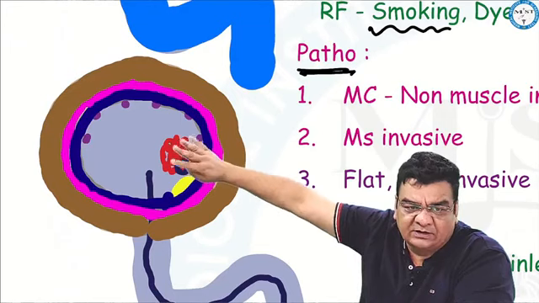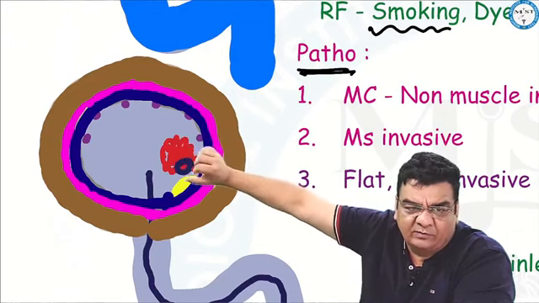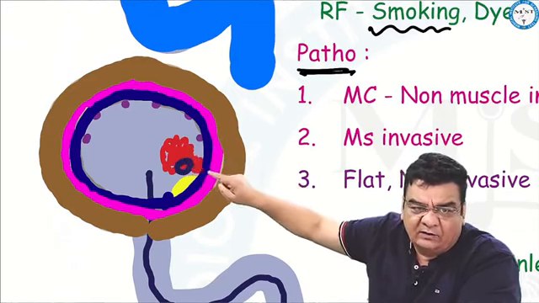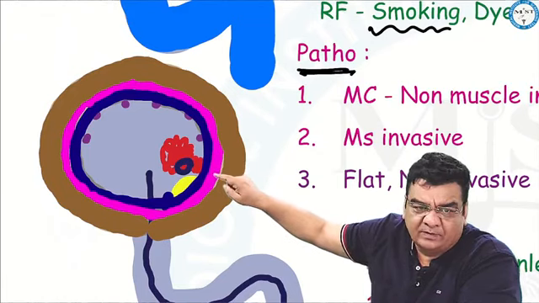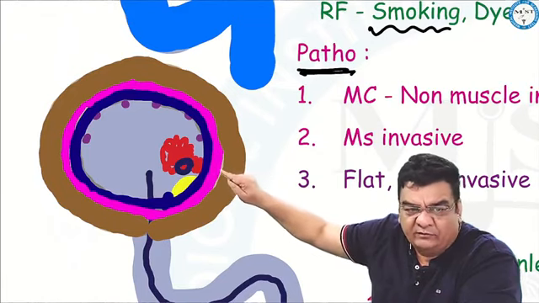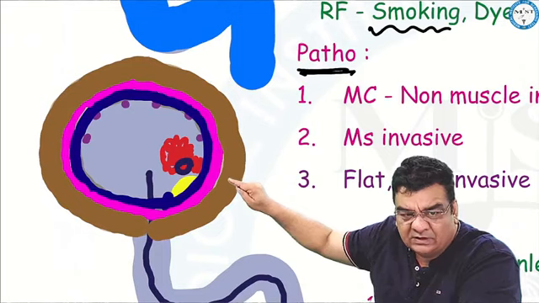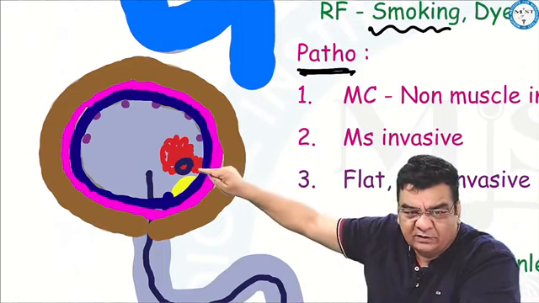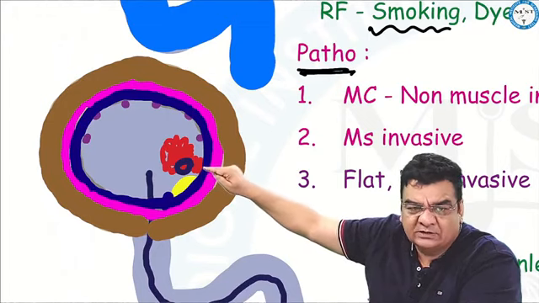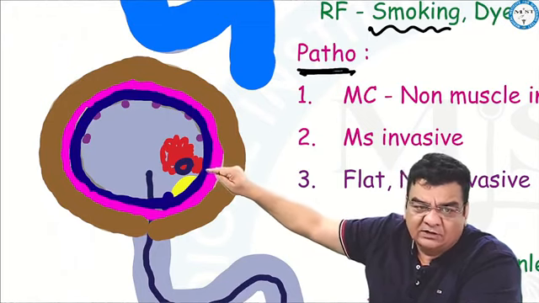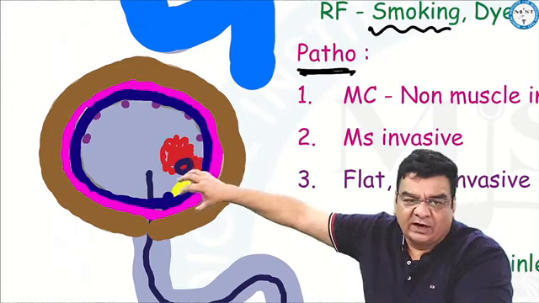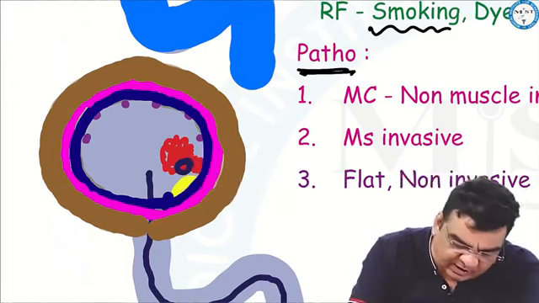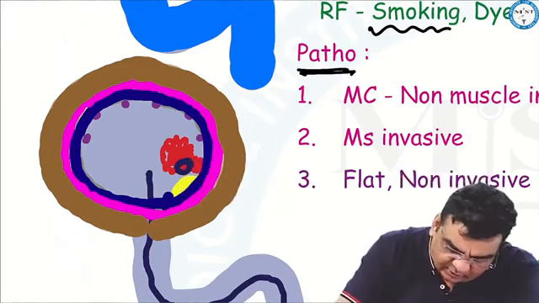They are something like this, arising from the mucosa. They can invade into the submucosa, right? If they do not invade into the muscle, these are called non-muscle invasive. They are the most common bladder cancers. However, sometimes we can come across solid cancers, and solid cancers would be invading into the muscle.